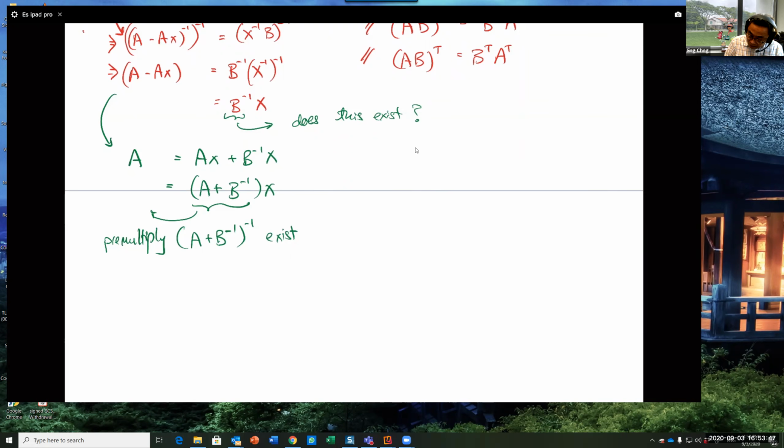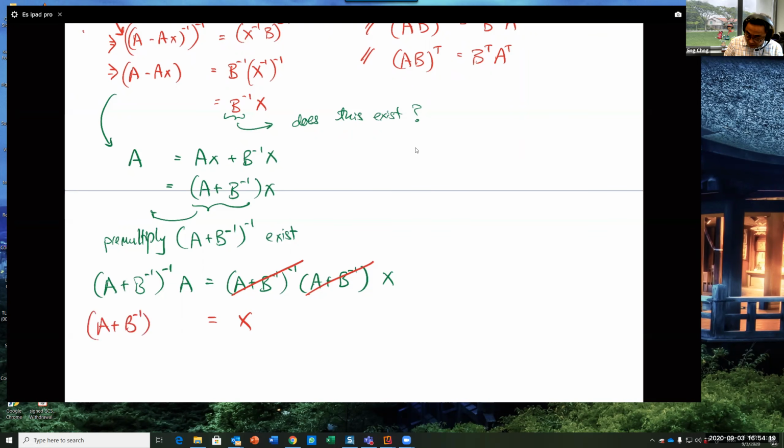So we pre-multiply by (A plus B minus 1) inverse on the left-hand side, and on the right we get X. This is the result we hope for, because we can now cancel, and we get X equals (A plus B minus 1) inverse times A. So we solve.